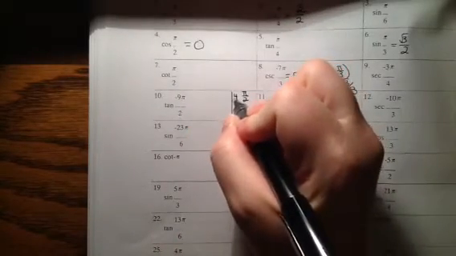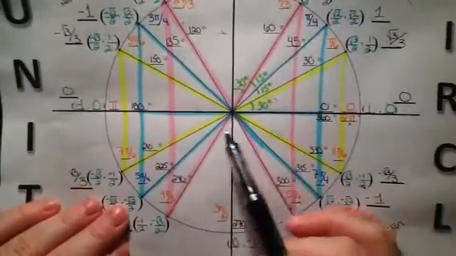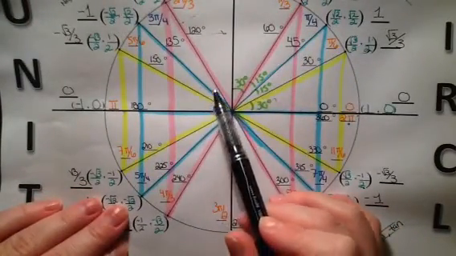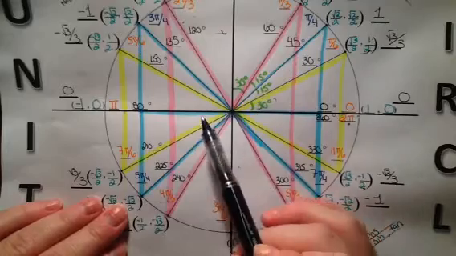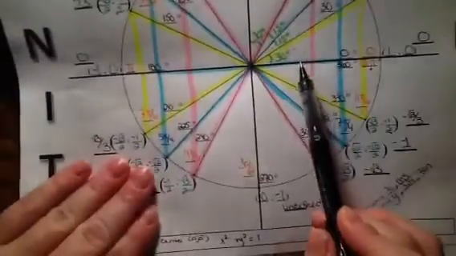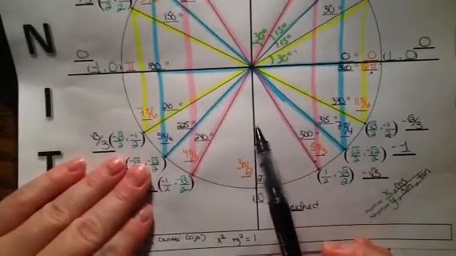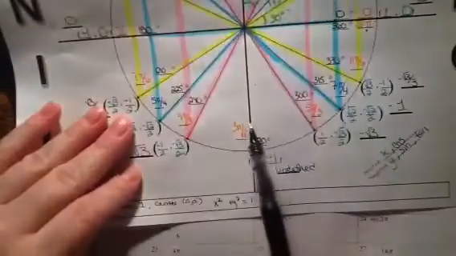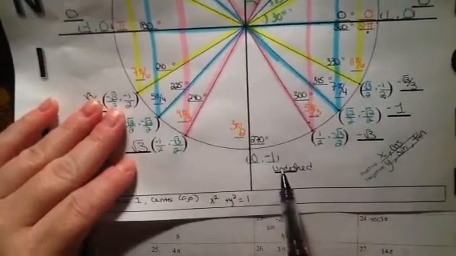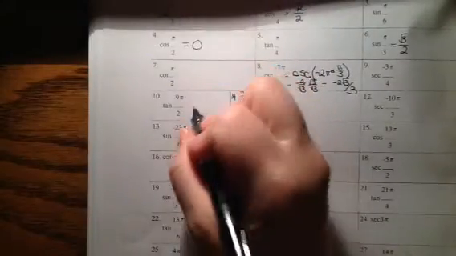So I have to go negative 4 whole pies. So negative 1 pi, negative 2 pi, negative 3 pi, negative 4 pi, and then negative pi over 2 more. So it was right here. I'm going to go down, and I'm right here. And it says that it wants tangent's value. Well, tangent's value right here we already wrote down, undefined.